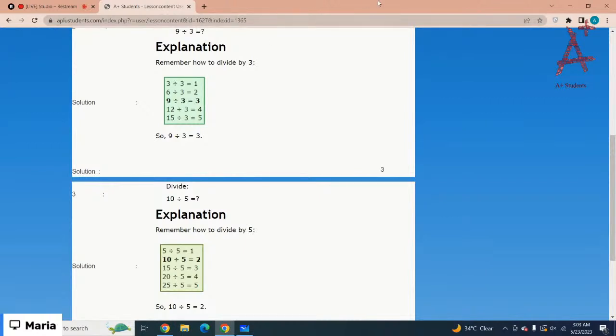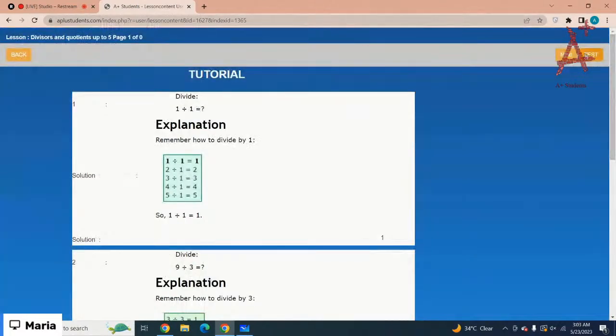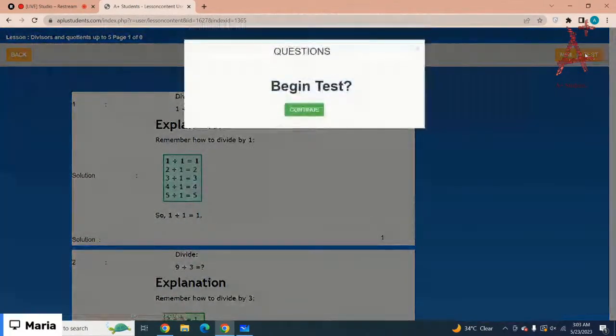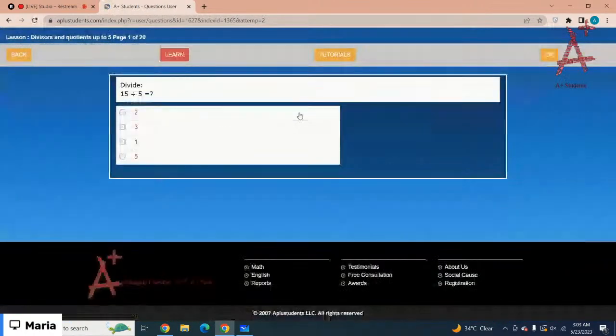Okay, let's start with the test questions. The first one is 15 divided by 5. That means you have to count a table of 5 until you get the answer 15.